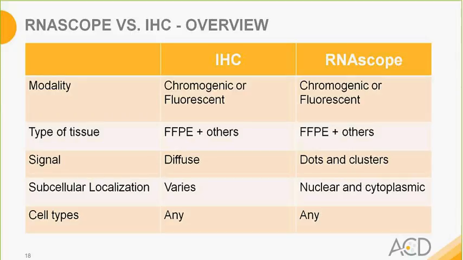The localization of the protein detected by IHC varies depending on the protein target, whereas the localization of the RNAscope signals is uniform in most RNAscope studies and is seen in both the nucleus as well as the cytoplasm. For cell types, both IHC and RNAscope are effective in detecting targets in almost any cell type.